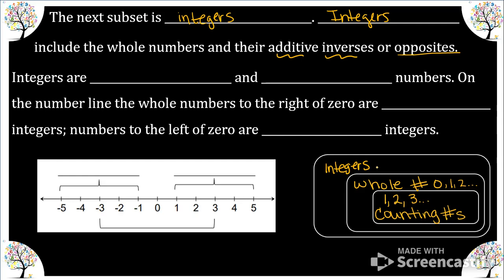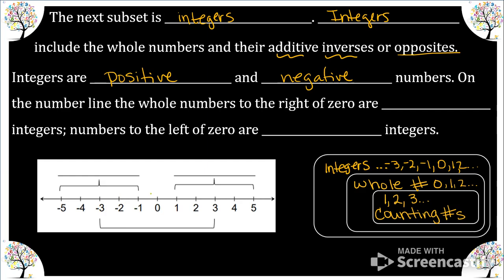So we can look at this as we have -3, -2, -1, and here comes the whole number 0 plus our counting numbers, and so on. So you can see that integers are positive and negative numbers. So on the number line, the whole numbers are to the right of 0.